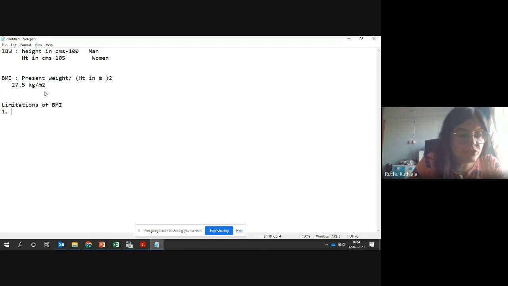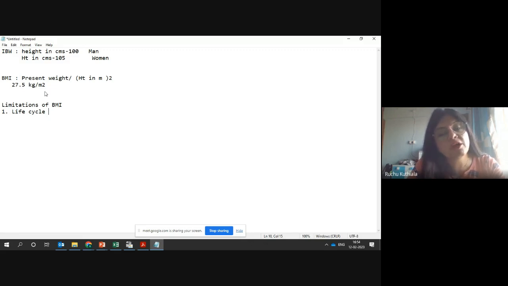Okay. So the first limitation is that it does not cover the life cycle. If some person is 60 kg but is old, or else a person is 60 kg but is 25 years old, the calculation is the same for everybody.